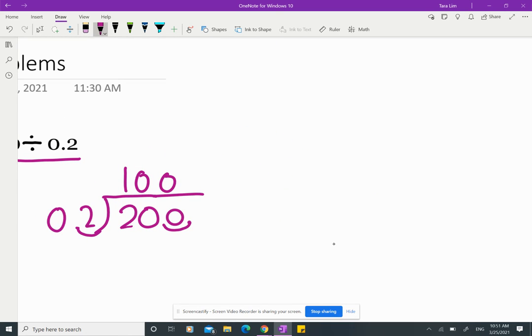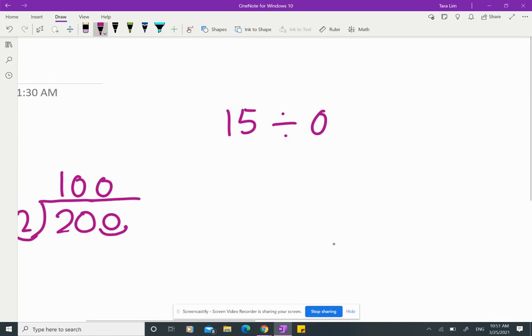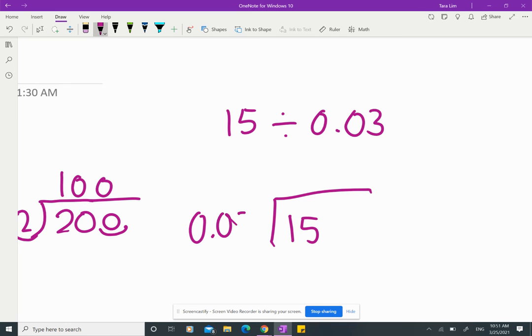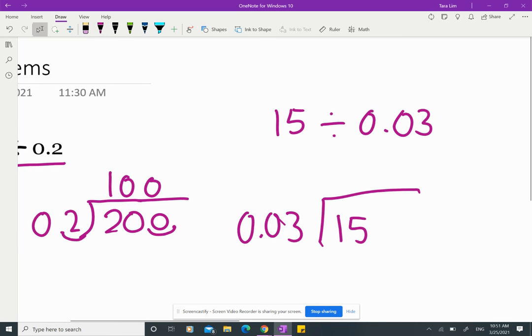For example, 15 divided by 0.03. Now we do the same thing like here. So we move the decimal points.